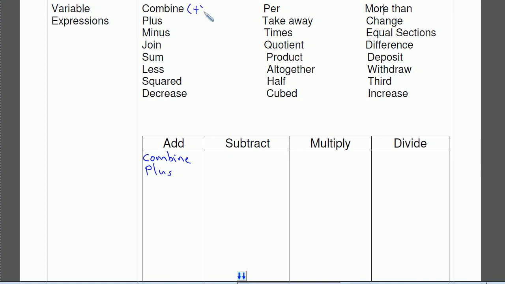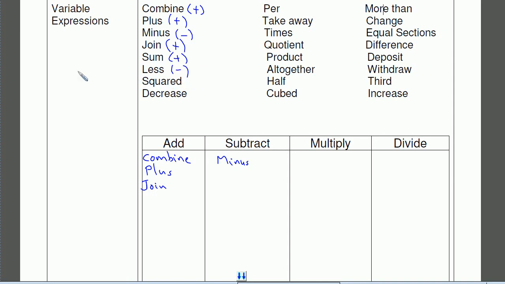Okay, so this is plus and this is add. Minus, well, that's the subtraction symbol, right? So if the word problem says minus, we're going to be subtracting. Join, putting two things together, that's adding. Sum, well, let's go ahead and put all these little marks and then we'll put them all in here, okay? So sum, that's addition. Less, that's subtraction.